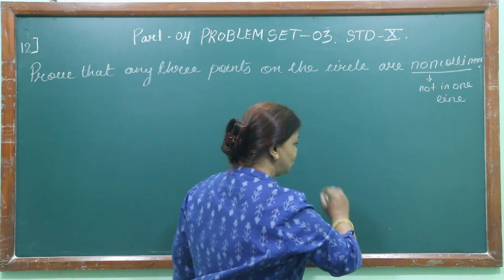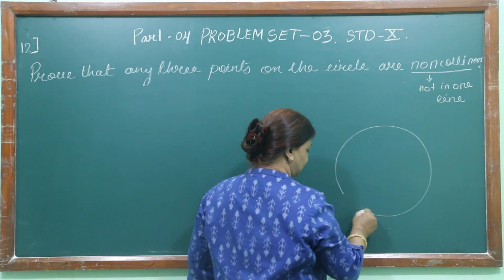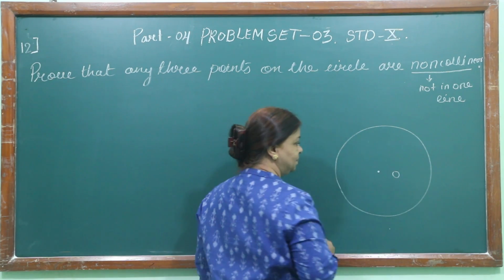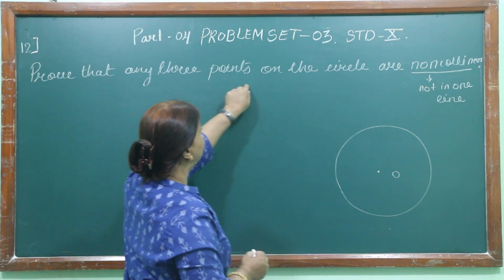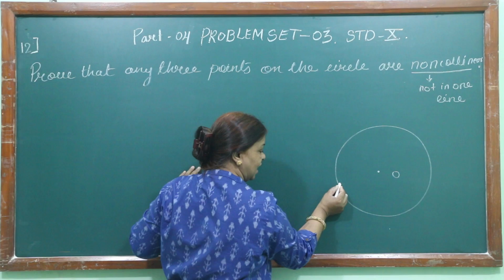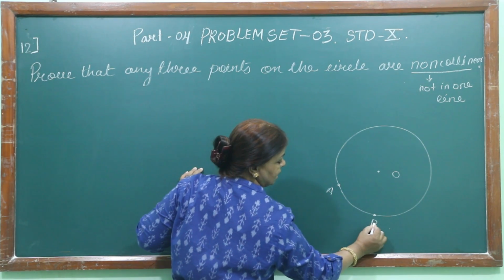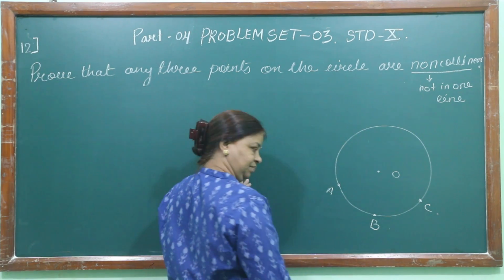Okay? So let us draw a figure for that, children. This is the circle and O is the center of the circle. It is said that any 3 points on the circle. Let me take point A, point B and point C on the circle.